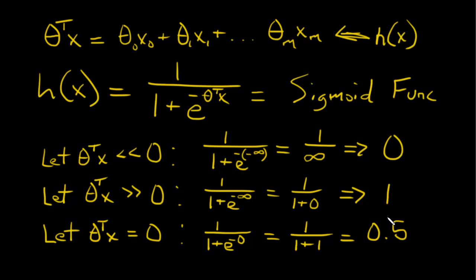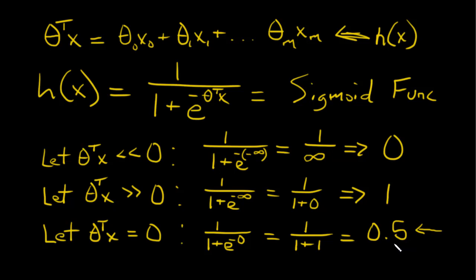So with the sigmoid function, I have a function that is going to map negative values to a 0, positive values to a 1, and values that are exactly in the middle are going to map out to 0.5. So this 0.5 is going to be kind of a boundary.